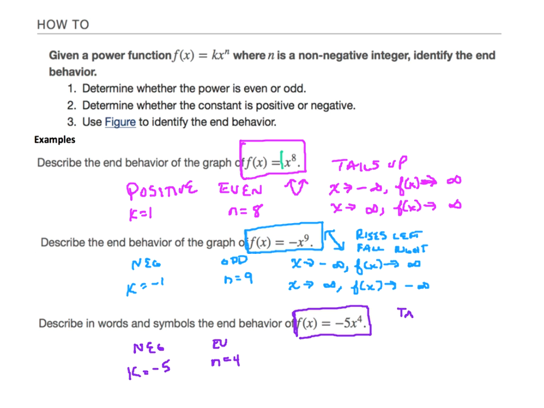So this is going to be a tails down, just like the negative quadratic. And how we say this mathematically is as x approaches negative infinity, f of x approaches negative infinity. As x approaches positive infinity, f of x still approaches negative infinity.